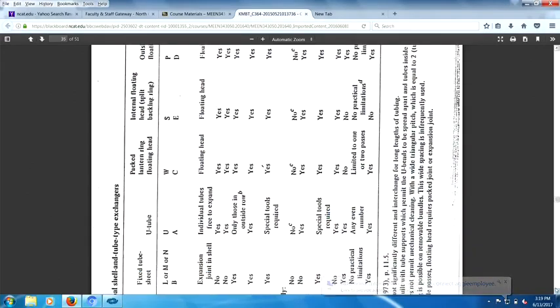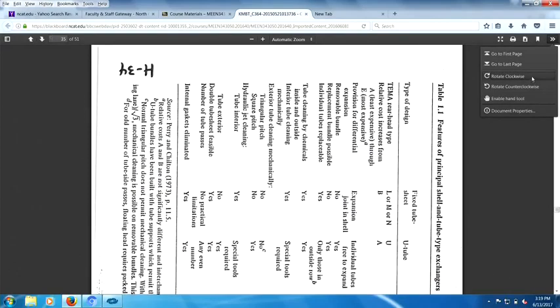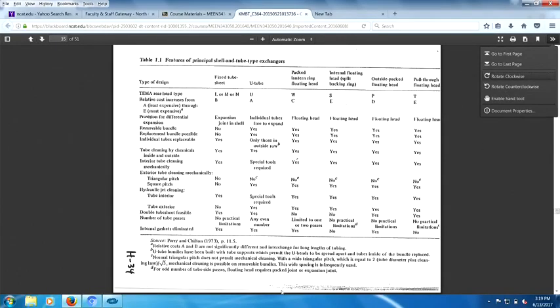Oh, look at this. I guess I have to do a rotation on this one too. Wrong direction. Wrong direction. Eventually I get it right. So you have principal. See how it's spelled? P-A-L, not P-L-E, principal. So you have tube sheet, U-tube, packed lantern ring, floating, internal floating head, outside packed floating head, pull through.